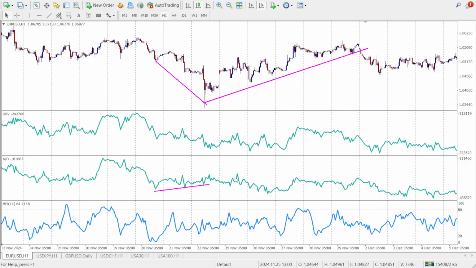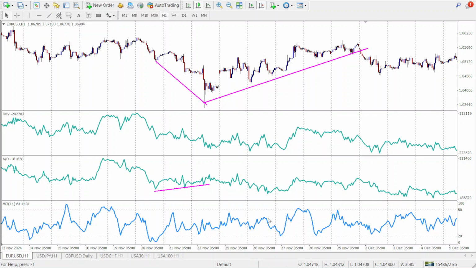The money flow index, on the other hand, combines price, volume, and momentum. It is perfect for identifying overbought and oversold conditions, which makes it useful for spotting potential price reversals. However, unlike the OBV, it does not directly track the flow of money into or out of the market.